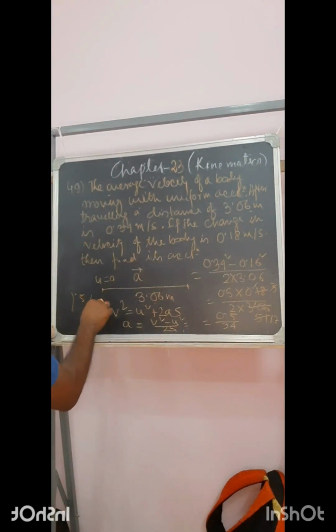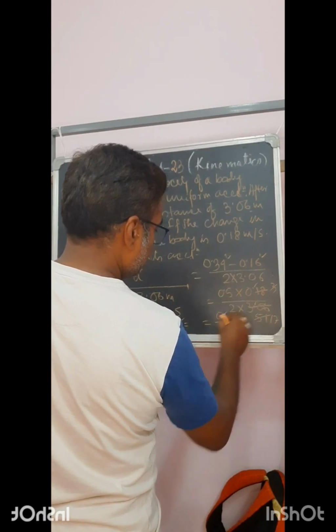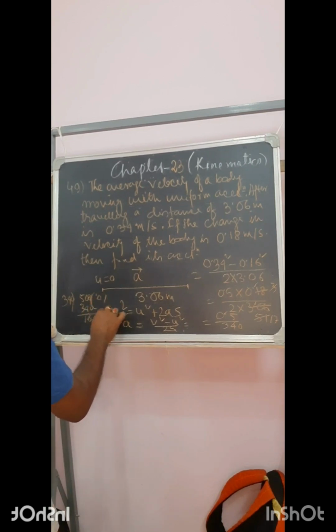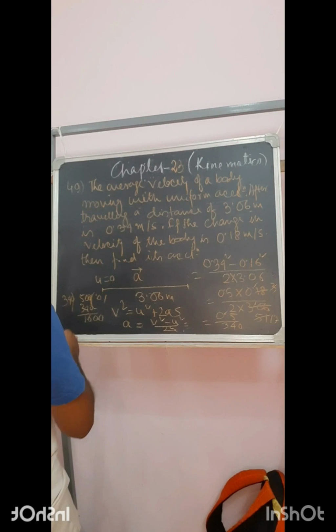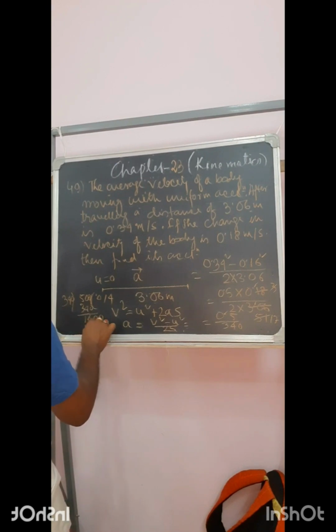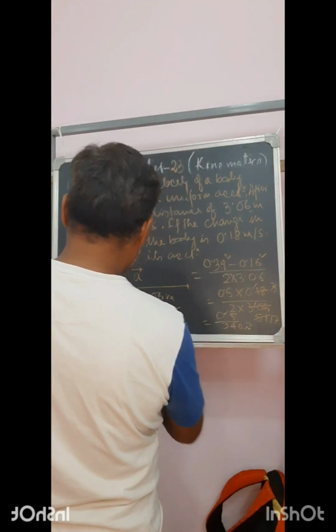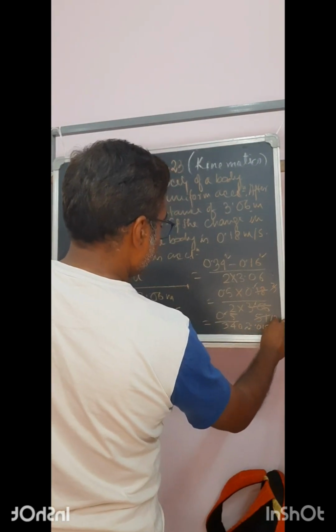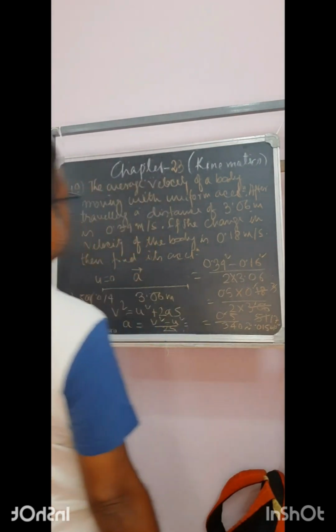So it's almost 0.015 meter per second square. So that will be the answer.